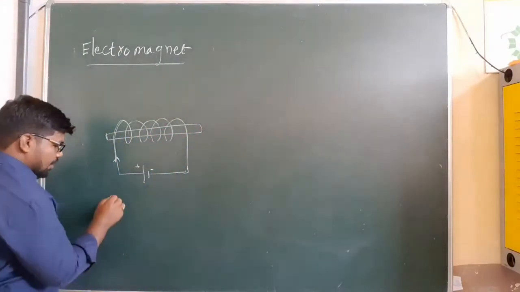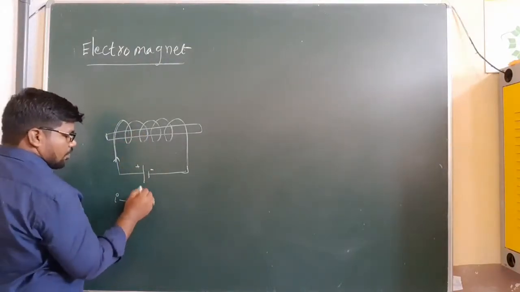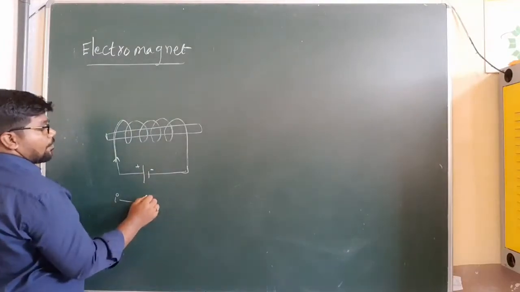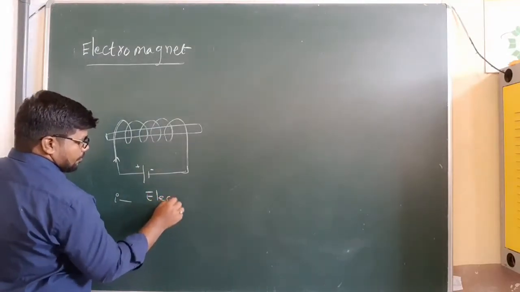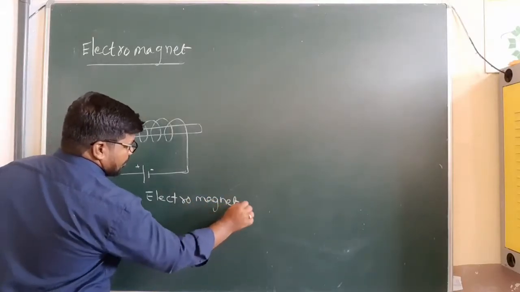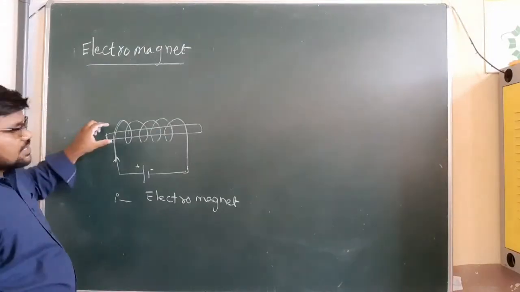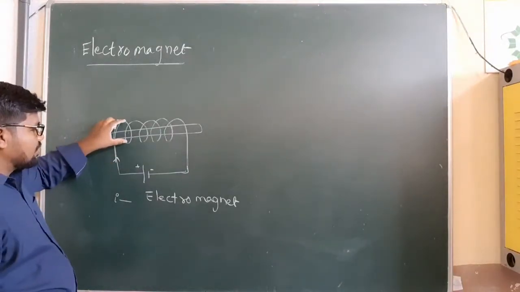Here what happens? If we send current through it, we produce an electromagnet. Consider a soft iron rod and place it inside the solenoid.